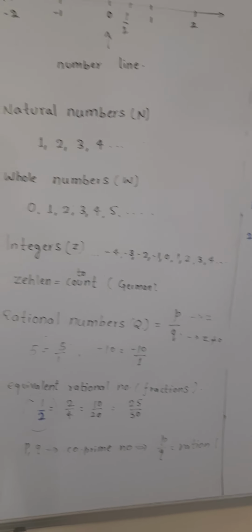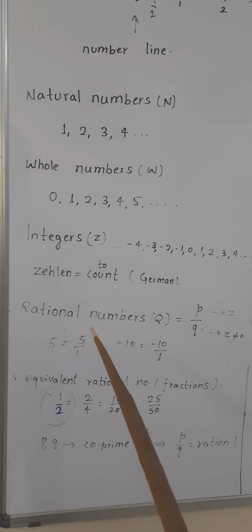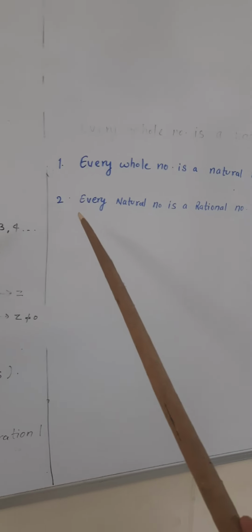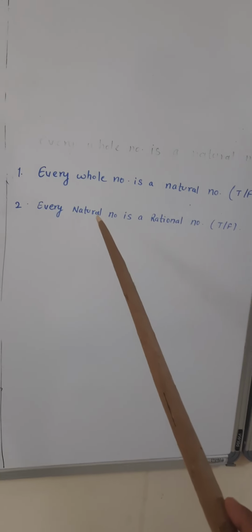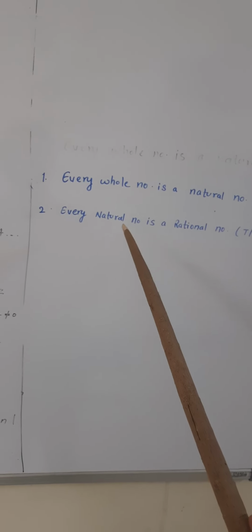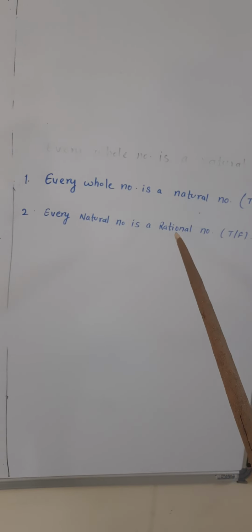Now, the next one is rational numbers. The second question was: every natural number, 1, 2, 3, 4, and so on, is a rational number. So you should know what rational numbers are.